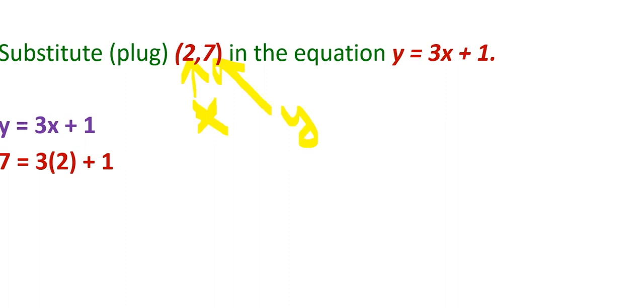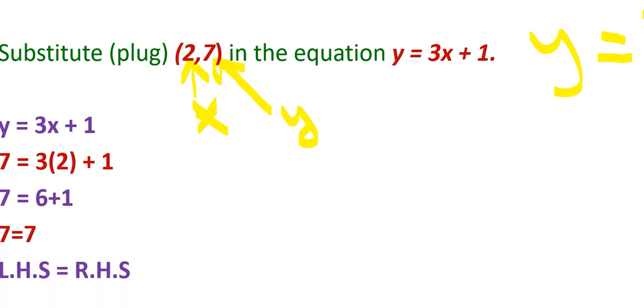X is 2, y is 7. So in place of y we plug in 7, in place of x we plug in 2. We have 7 equals 3 times 2 plus 1. So 3 times 2 is 6, so we have 7 equals 6 plus 1. 6 plus 1 is 7, so 7 equals 7. So the left hand side equals the right hand side, so it's a solution.